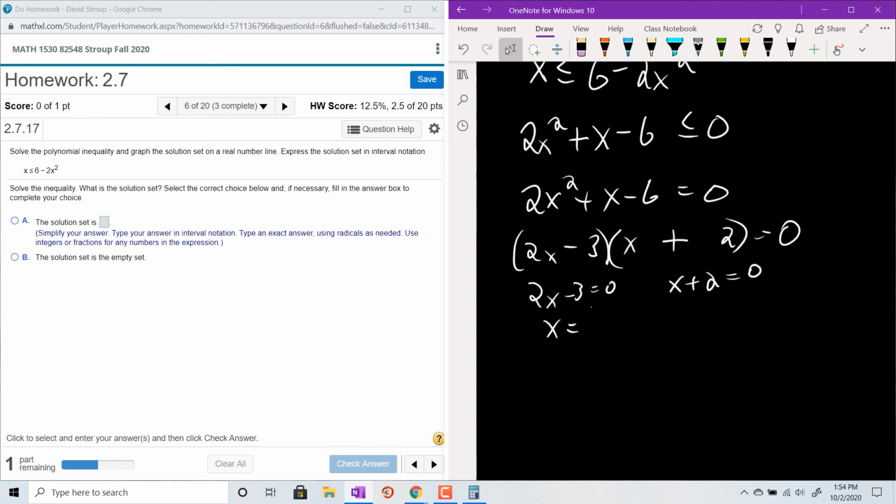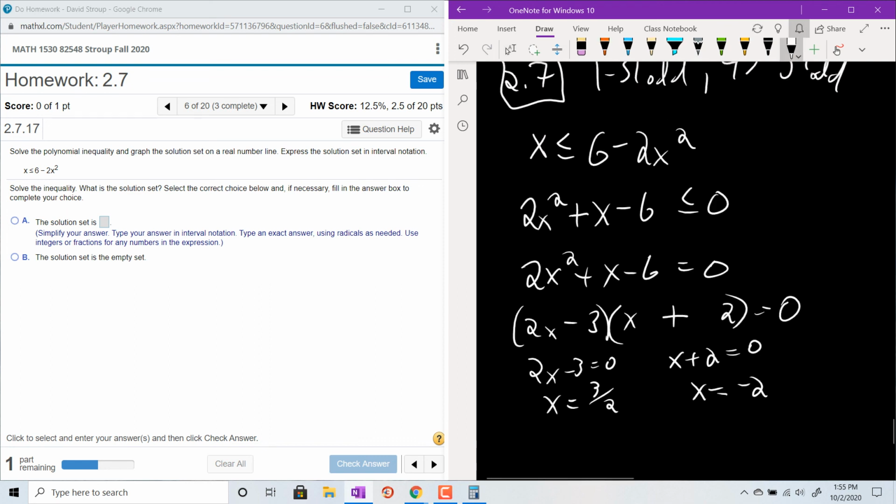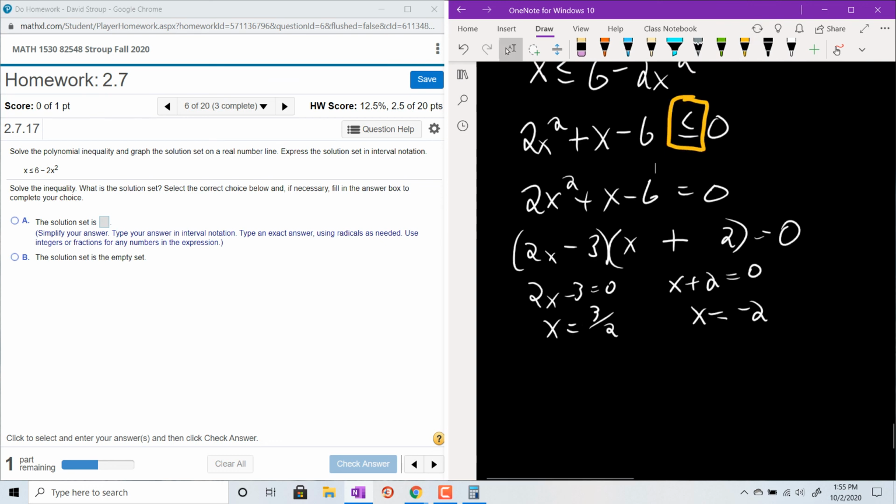So x is 3/2, and then x is -2. The inequality that we're dealing with above has the line underneath, so we're going to be using brackets in our solution interval. Anyways, in the meantime, we have to draw our number line and plot -2 and 3/2, and then we need to do our test value, our sign, and our conclusion.